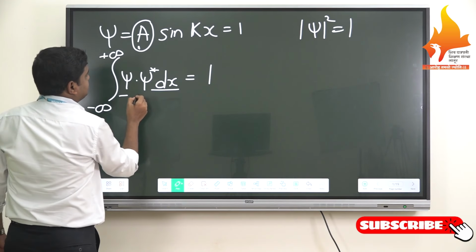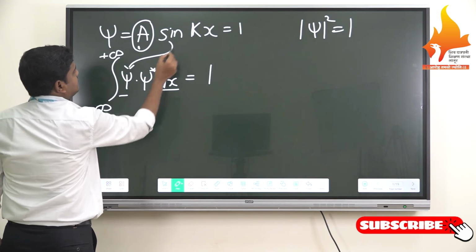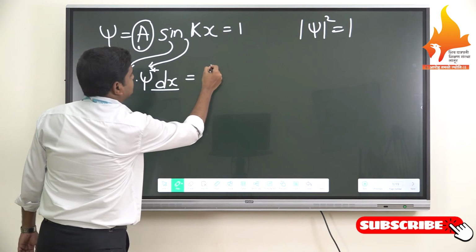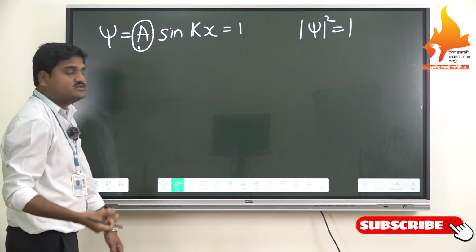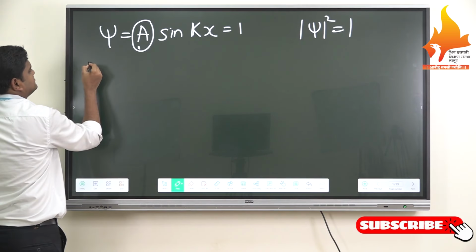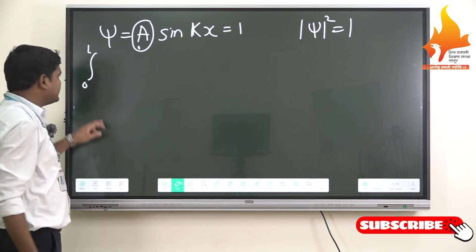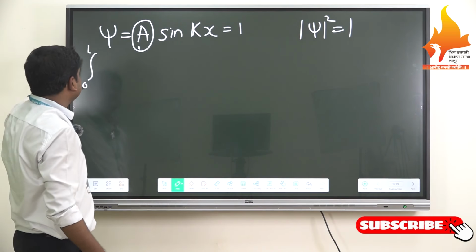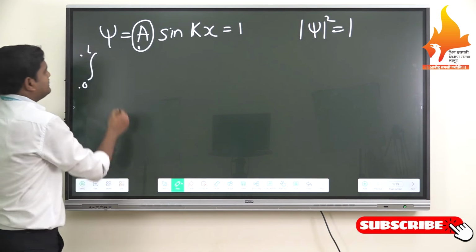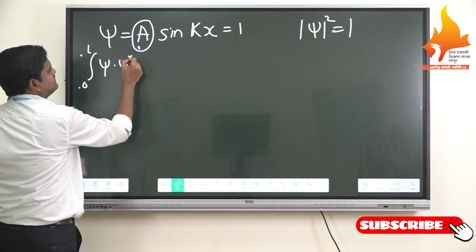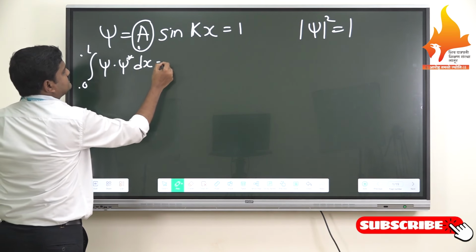Here we just put this value inside psi and psi star, dx is dx. So the normalization equation is the limit 0 to L, because the particle is inside the box of length L, psi into psi conjugate into dx is equal to 1.